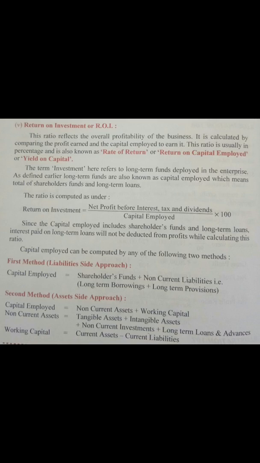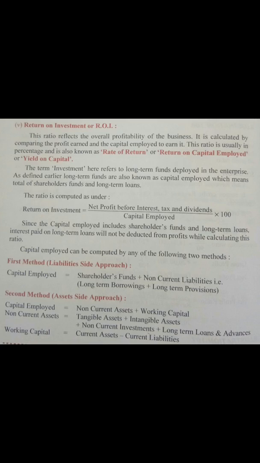The return on investment can be computed by dividing net profit before interest, tax and dividend by capital employed and then multiply by 100. Here capital employed includes shareholder funds and long-term loans.